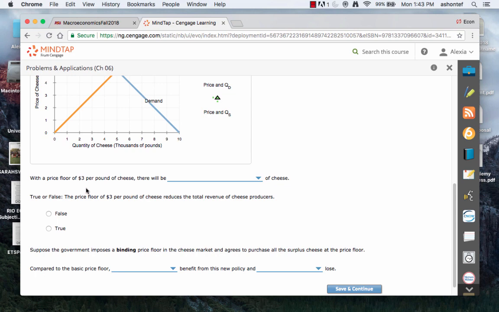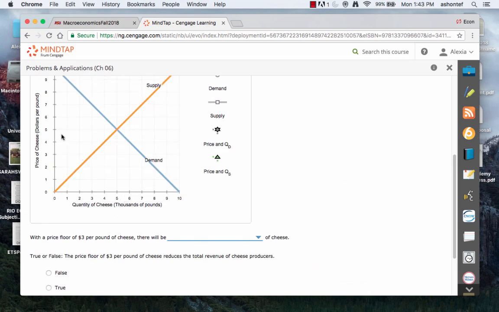The next part says, when a price floor of $3 per pound of cheese is imposed, there will be, and you have to click on what these options are saying. What is it going to do? Is it going to cause a shortage, a surplus, neither a surplus nor a shortage? Again, the key is your equilibrium price is 5.